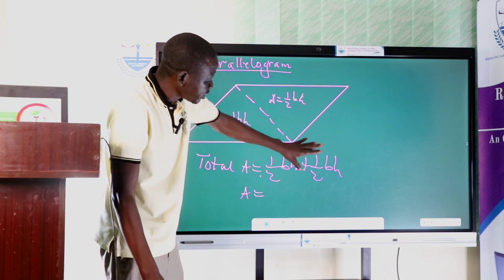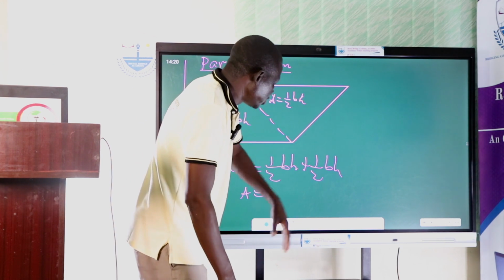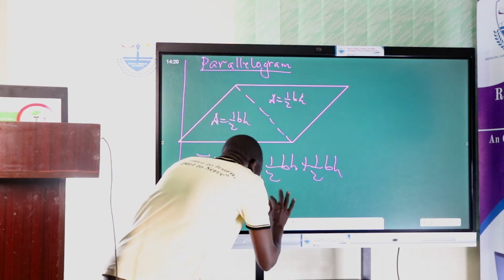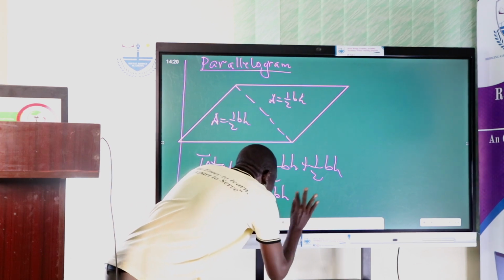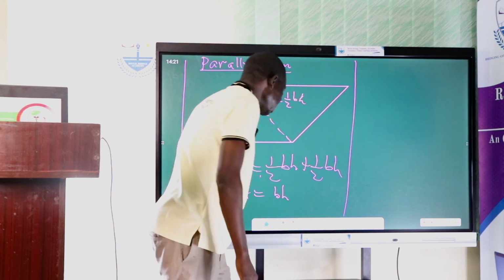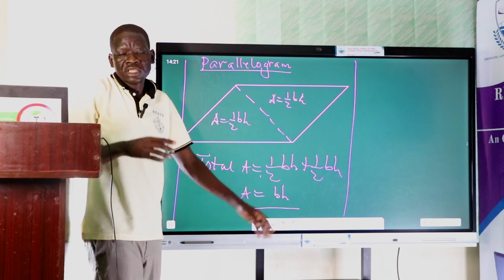So area will now give us a half big H plus a half big H. This a half plus a half, we get 1. And the big H plus big H, we get big H, that is base times height. Therefore, the area of a parallelogram is equal to the formula base times height.